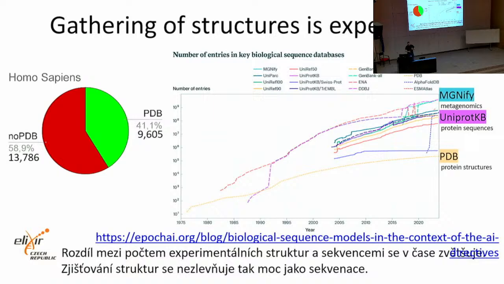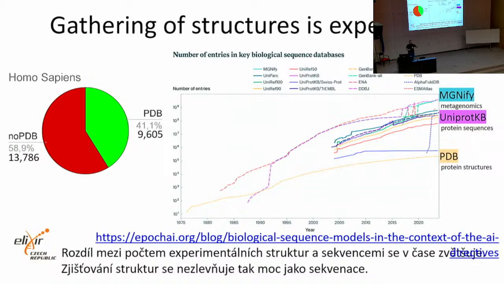But we generally don't have as many experimentally determined structures as we have protein sequences or even genomic or metagenomic sequences, where there is a 4 or 5 orders of magnitude difference between the number of structures and the number of sequences. With structures, we are approximately at something like 250,000 experimental structures, more or less.